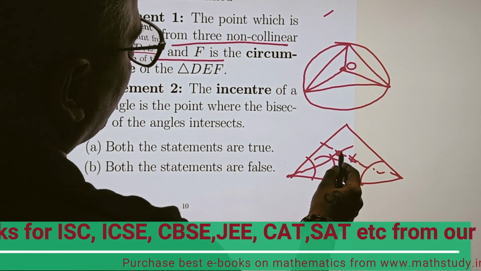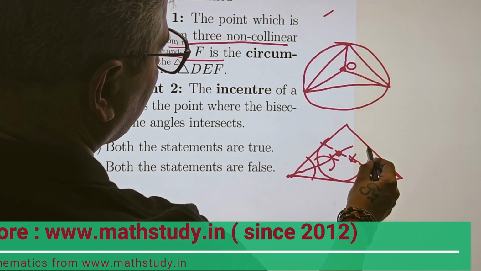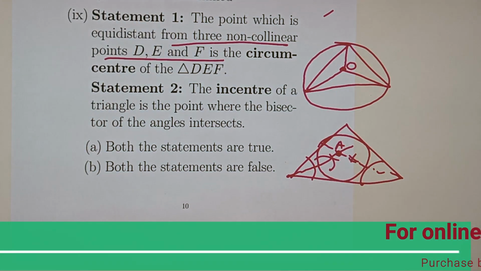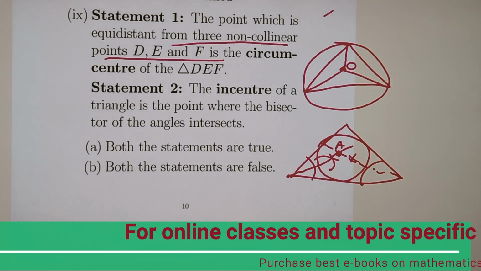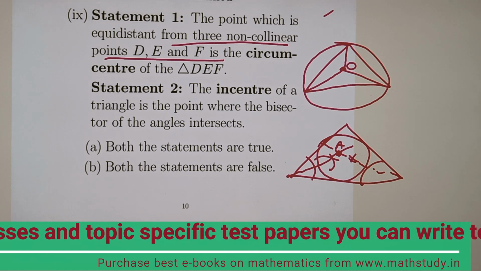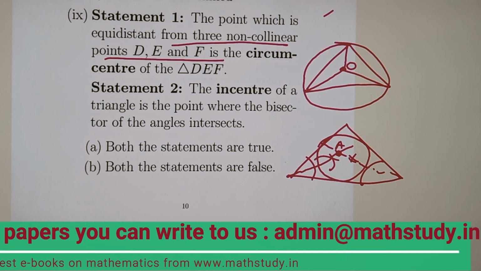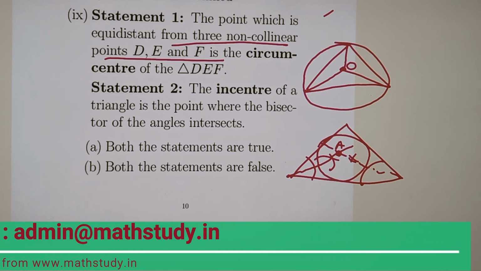We can simply draw a circle with the help of this center, which is point A, let us say. So this is the in-center, therefore statement 2 is also correct here. Very interesting question. You have to memorize these definitions of circumcenter, in-center, etc. So that was part 9 of question number 1.